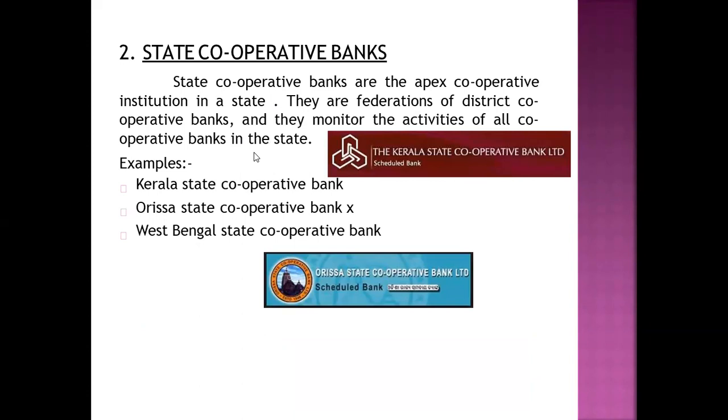Basically, they monitor the numerous activities running in the cooperative banks, and if something is going wrong in the bank, they immediately take action and make changes in the organization. Again, examples are Kerala State Cooperative Bank, Odisha State Cooperative Bank, and West Bengal State Cooperative Bank. These are examples of state cooperative banks, which work for the state.